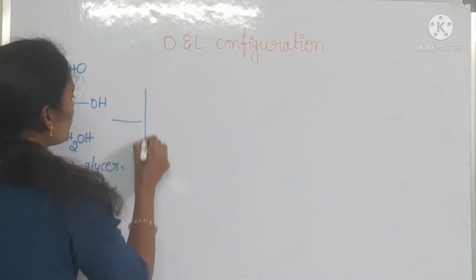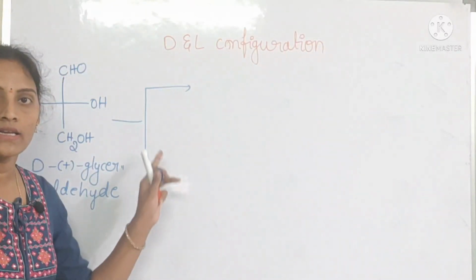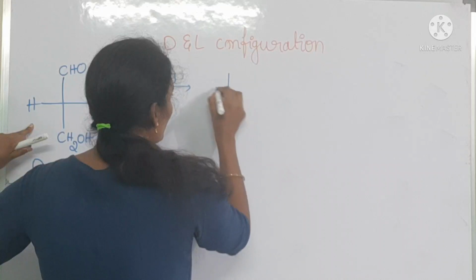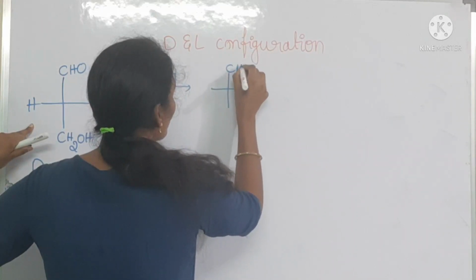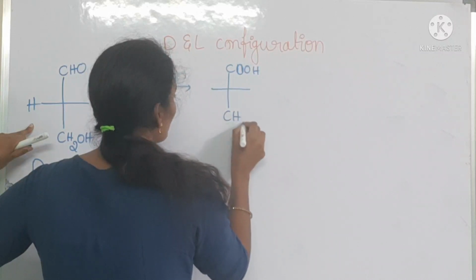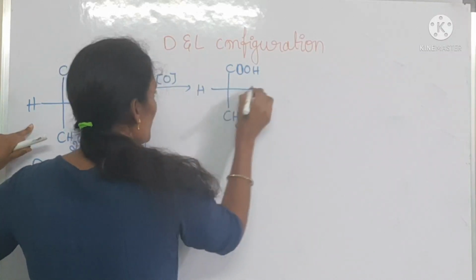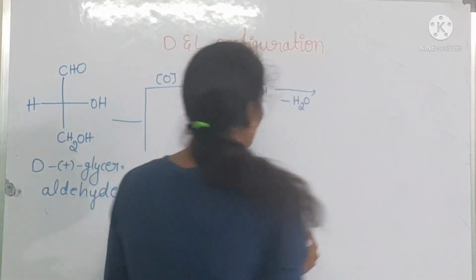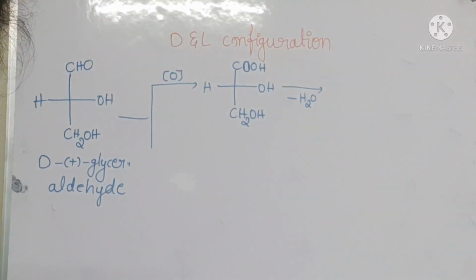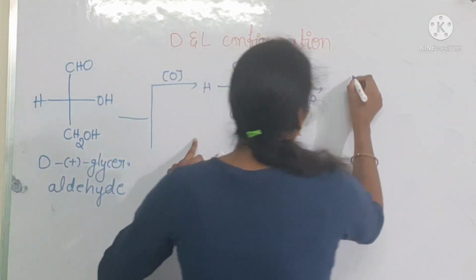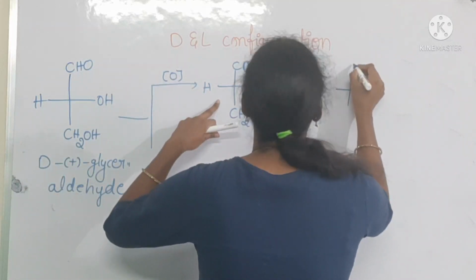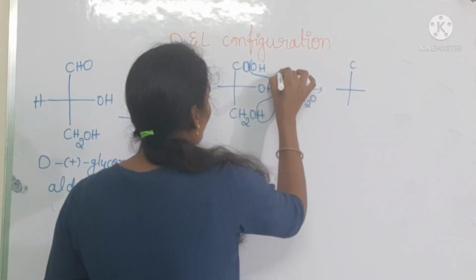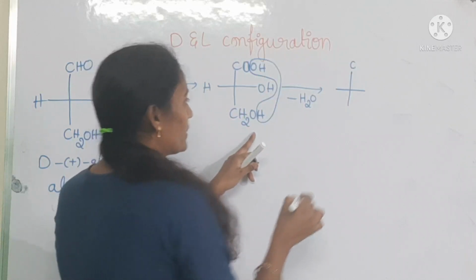Now you can oxidize this D-glyceraldehyde at the aldehyde group. This aldehyde group will convert into a carboxylic group, and the remaining all will be the same. Now you can dehydrate this molecule. See, on dehydration, it will give you, see here, OH from the carboxylic group, hydrogen from this one.